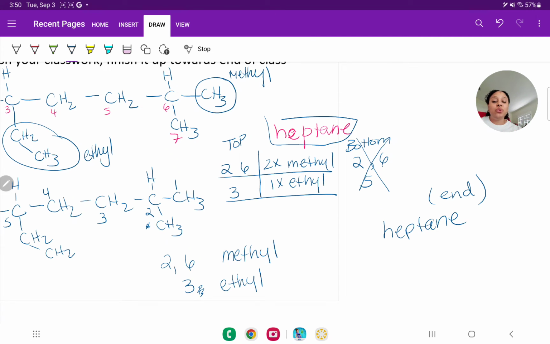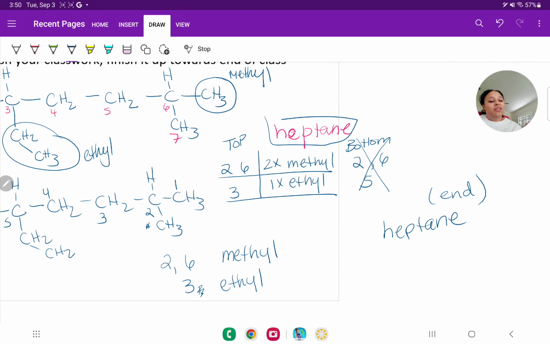Because I have 2 methyls, regardless of the number, I have to tell it what number it is. Even if they were both on the same position, I would have to say the number. So if they were both on 2, for example, I would say 2, 2. But I also have to say how many there are.